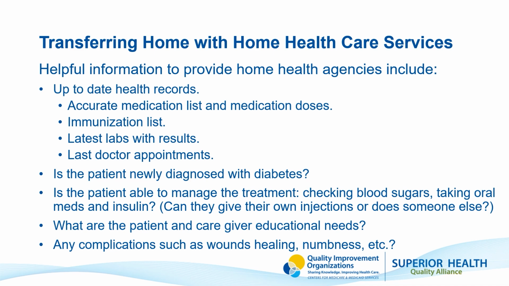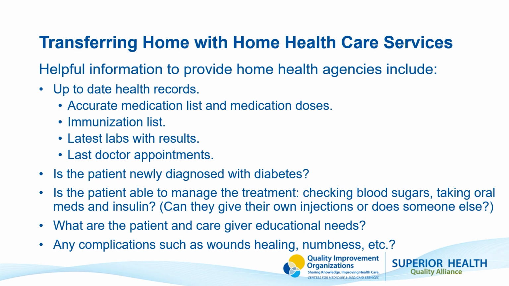Up-to-date health records are considered crucial, and this includes an accurate medication list, including the dose, immunization records, last lab results, and the results of the last doctor appointment, especially if they were seen outside the nursing home. They need to know if the patient is newly diagnosed with diabetes, because this will impact the education and other types of care services needed.